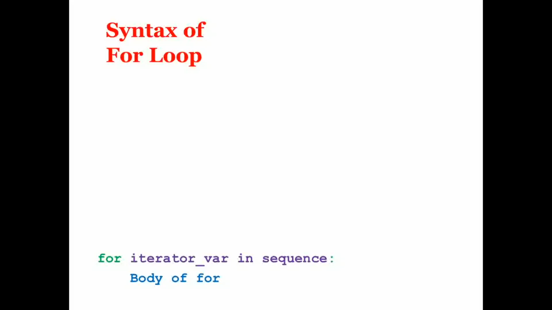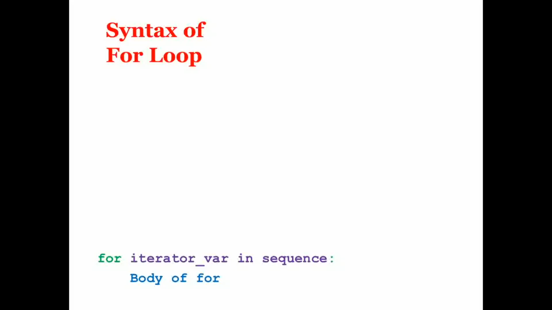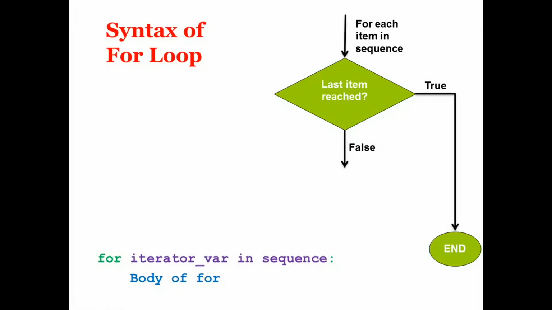We'll use the function range. But before, let's show you the syntax of the for loop. We'll write the text for, then here we'll write a variable, then you will use a sequence and the body of for. Let's look at its flowchart.